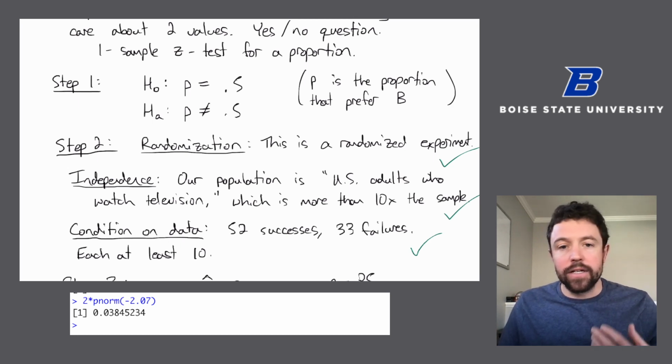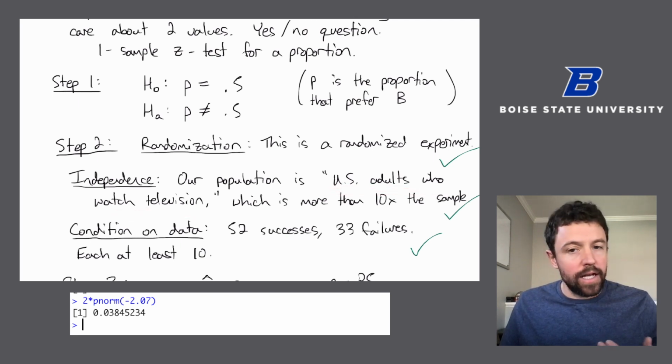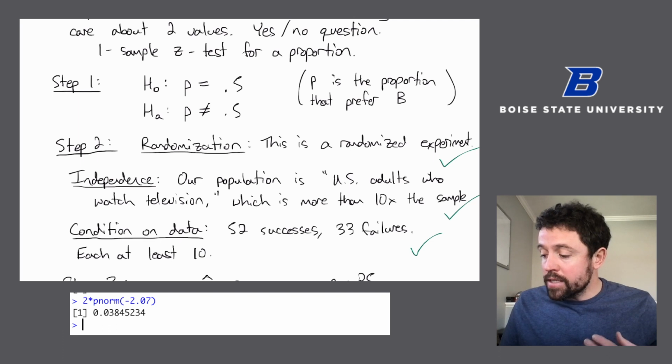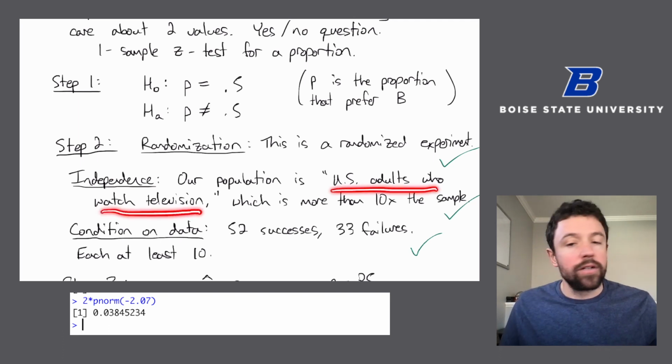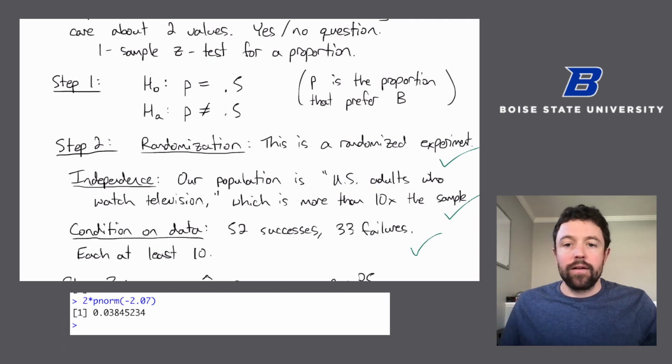Our independence condition, it's all about telling me what the population is, and then telling me whether you think that's 10 times the sample. In this problem, there would be lots of good answers for the population, right? You could say people who plan to watch the Super Bowl. You could say, who knows, maybe they're really just testing this on people who might use their product, right? Maybe that was how they chose their sample.